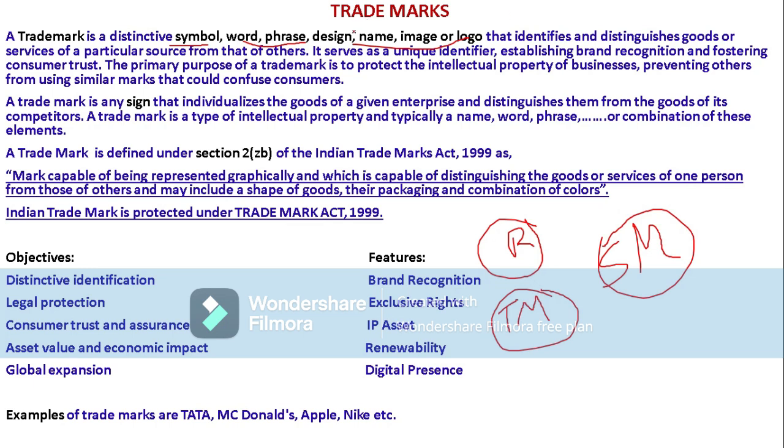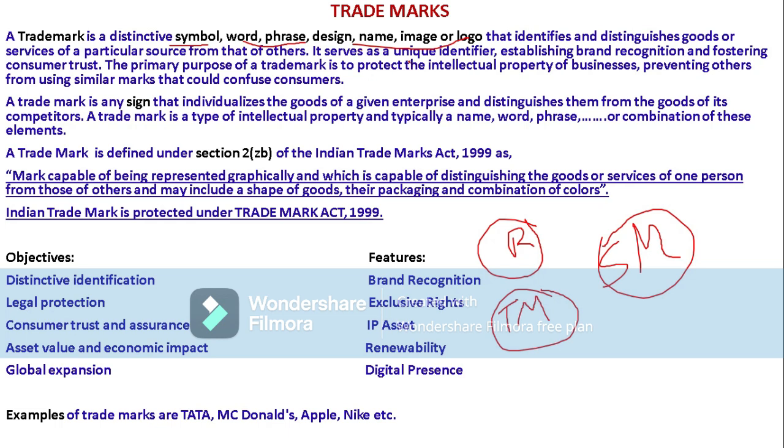So having two products, they may differ in symbol, or in words, in phrases, or in design of the product or service. Likewise, differentiation from one goods and services to other goods and services can be seen here. So a trademark distinguishes, a trademark identifies goods and services of a particular source.